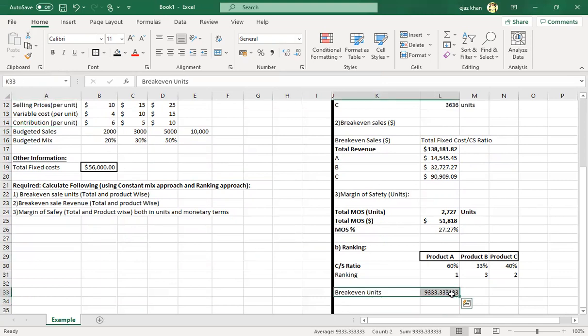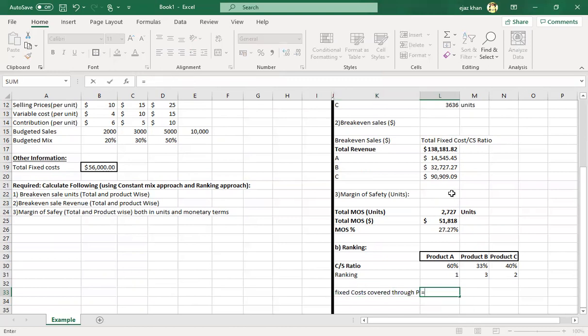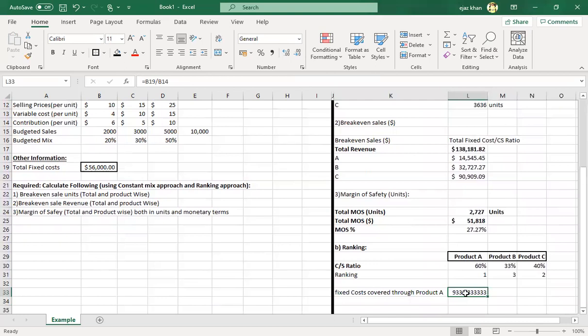So now, first of all, we need to see how much of the fixed cost will be covered by selling product A. Fixed cost covered through product A. The maximum number of units that we can sell of product A are 2,000 units.